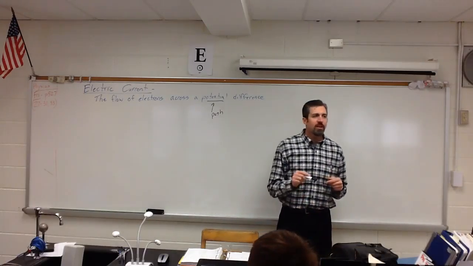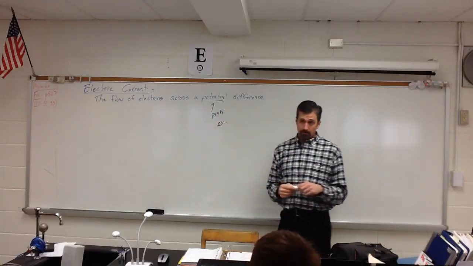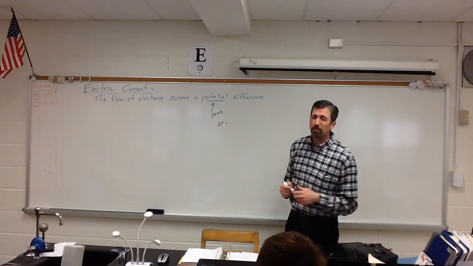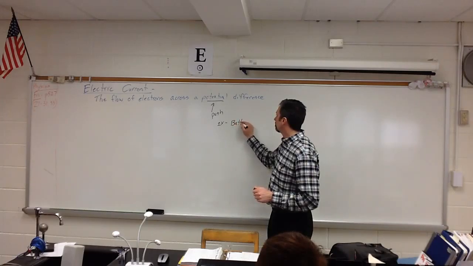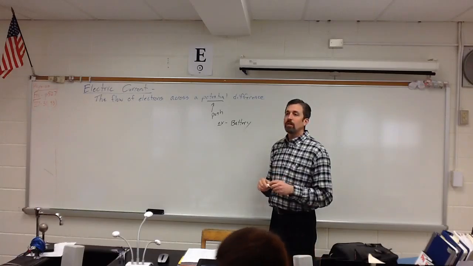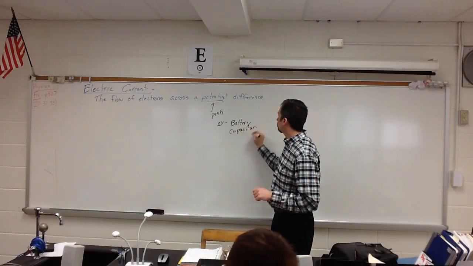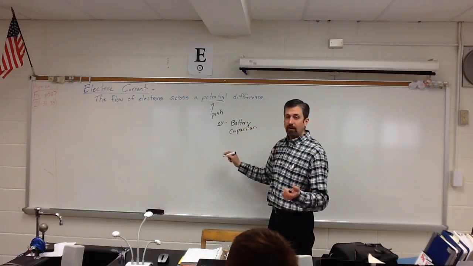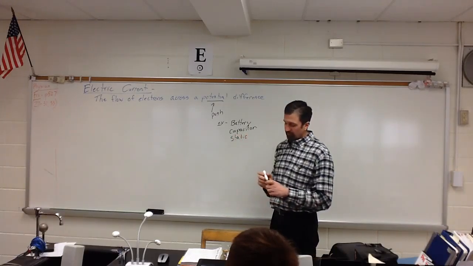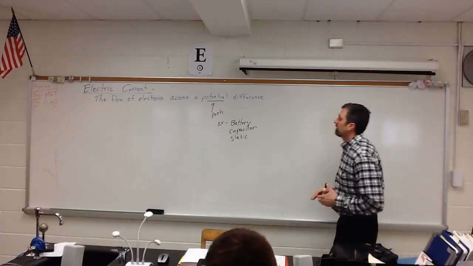So what are the things that provide the push? Let's make a quick list of examples. Where do you get potential from? Well, the first one I'll start you off with is a battery. What do you got for another one? Yes, a capacitor. We've been talking most recently about static electricity, and how that builds up and then you get a potential.